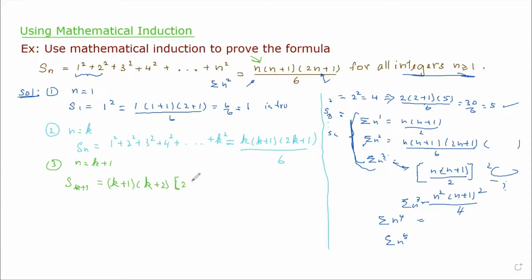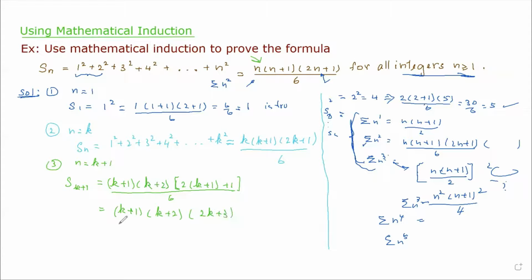This one maybe I have to write step by step. So k plus 1, plus 1, over 6. So now this one becomes k plus 1 times k plus 2. And this one is going to be 2k plus 3, right?